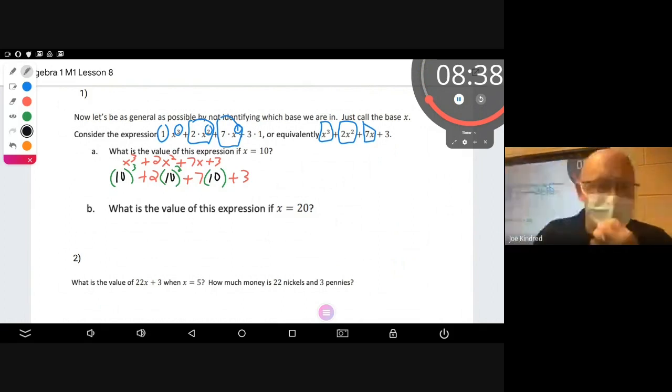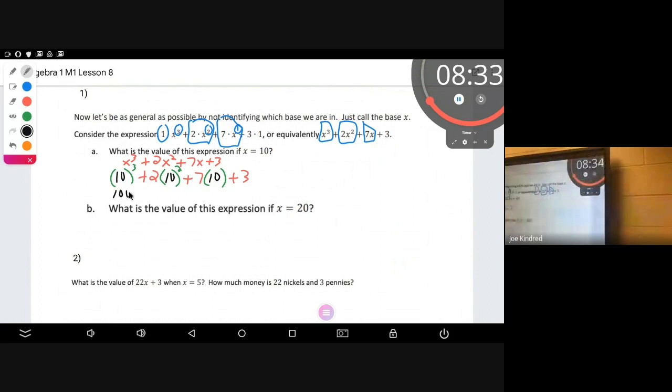In this particular case, 10 cubed is 1,000. 10 squared is 100.